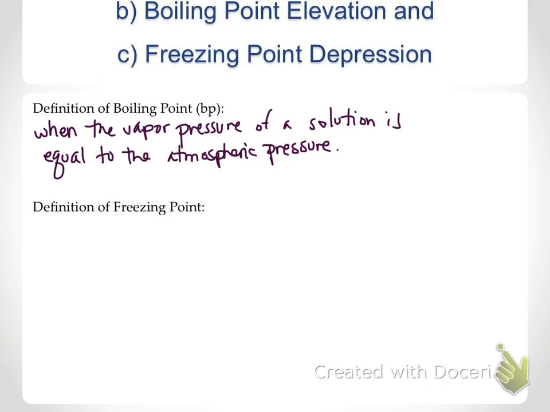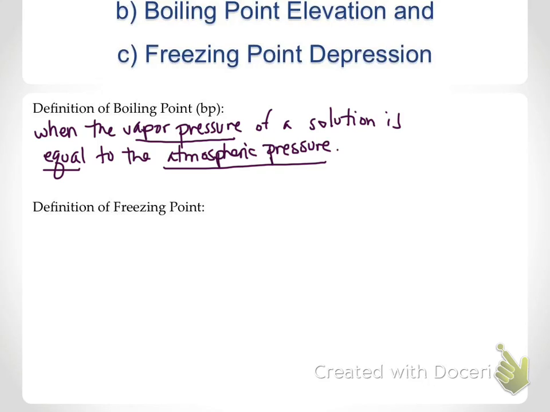So when the vapor pressure of a solution becomes equal to the atmospheric pressure, just like the air pressure around us, then a solution will boil. So the vapor pressure is equal to atmospheric pressure. That is a solution's boiling point. Something like acetone, for example, can do that at a much lower temperature than water. It takes a lot less energy to get those molecules up and out into the gas phase than it does those water molecules.